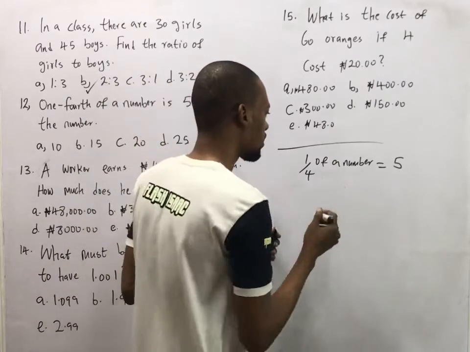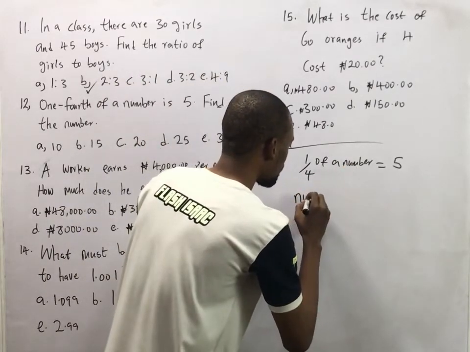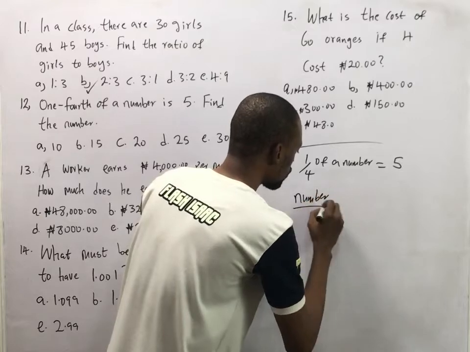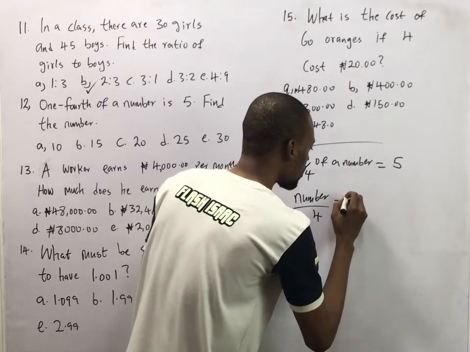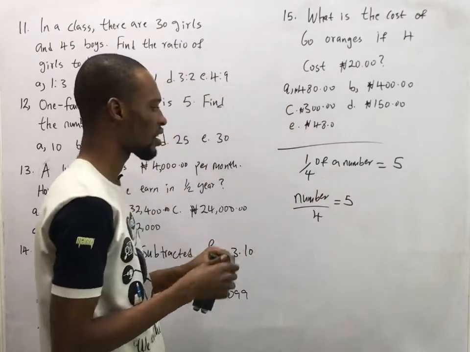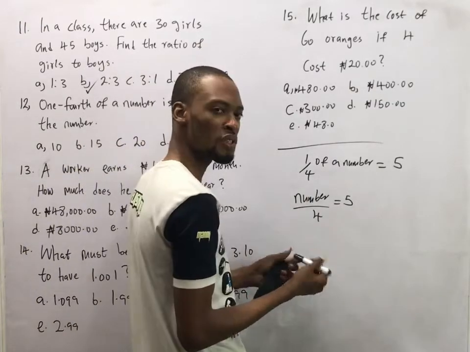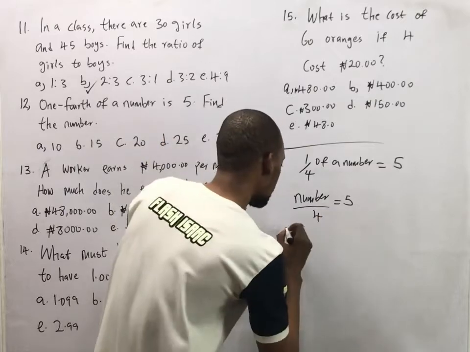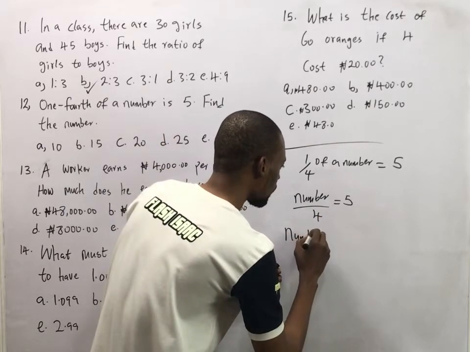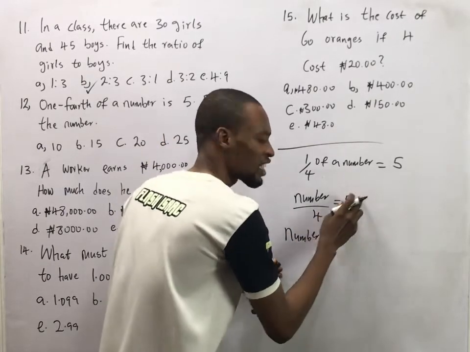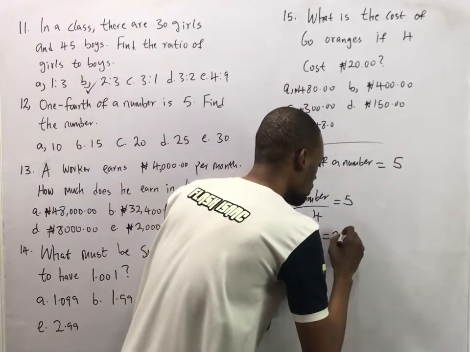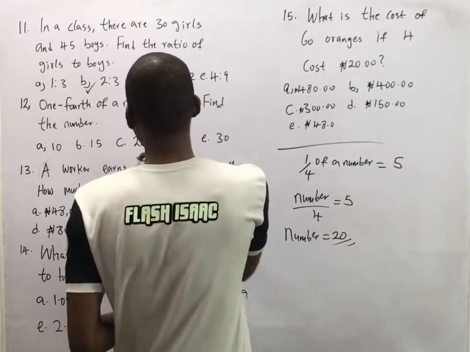This means the number over 4 is equals 5. How do we get the number? To get the number, we simply cross multiply. So the number is equals 4 times 5, which is 20. So the number is 20.